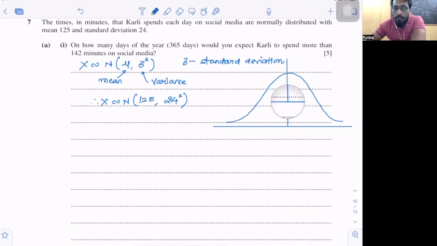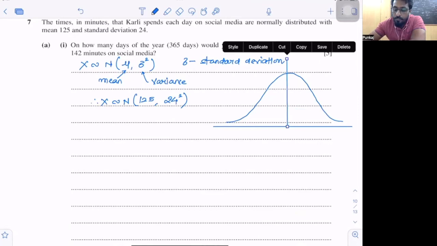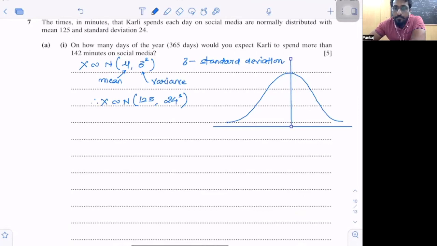Of course I'm going to keep it exactly at the center. This is the mean of the data, so this is actually mu.